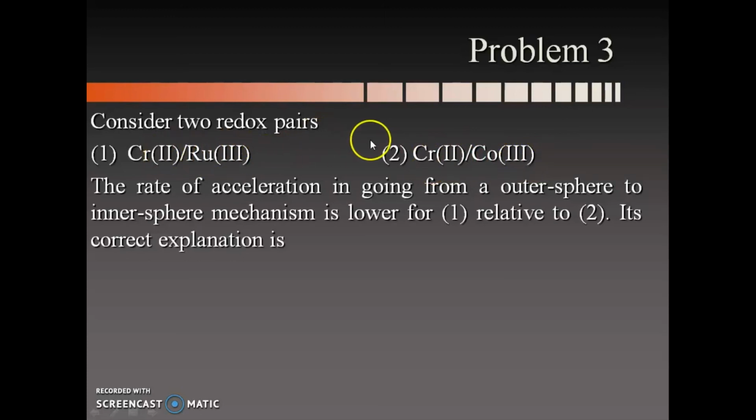I have to check what is the nature of electron transfer in both the cases. Because what is the rate of acceleration in going from outer sphere to inner sphere? That is, when the reaction changes from outer sphere mechanism to inner sphere mechanism, the rate of the reaction is low for 1, but it is high for 2.